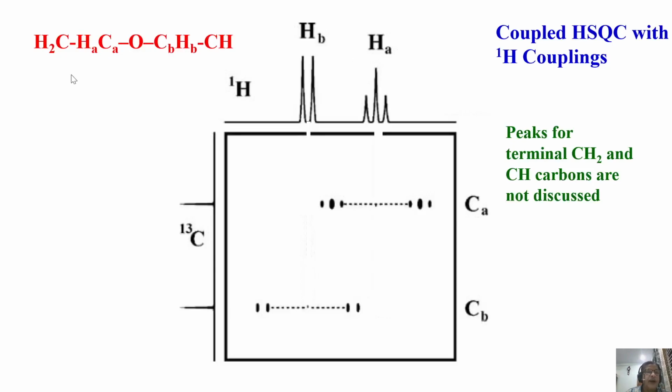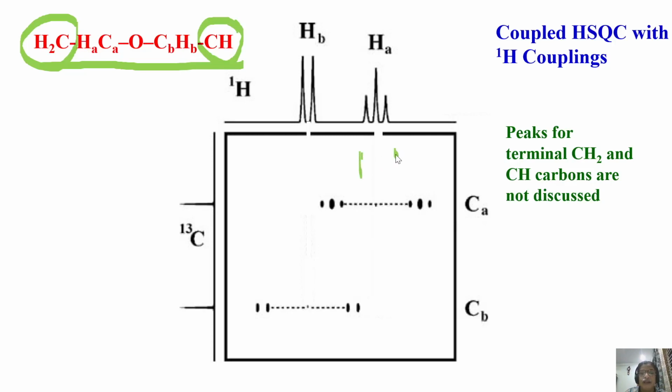Now let us look at the HSQC spectrum. Now we have taken the elongated molecule where the CH group is added here and CH2 group is added here. How does the coupled HSQC spectrum look? Before adding these two groups, there was no central peak and we were seeing only two peaks here.